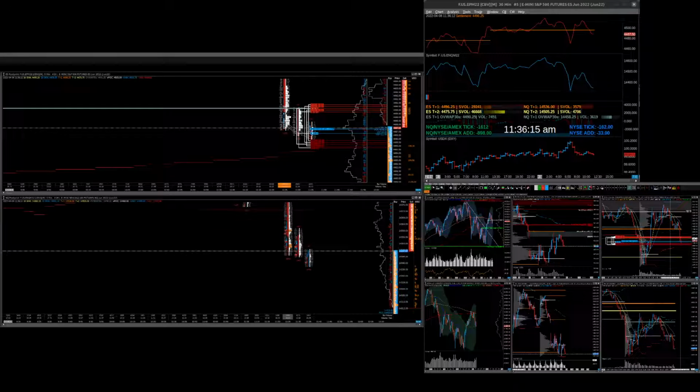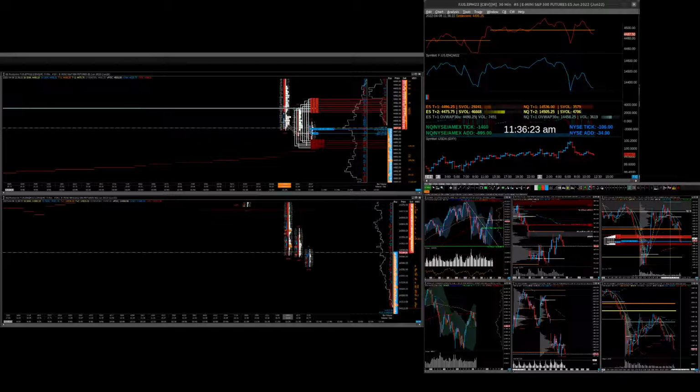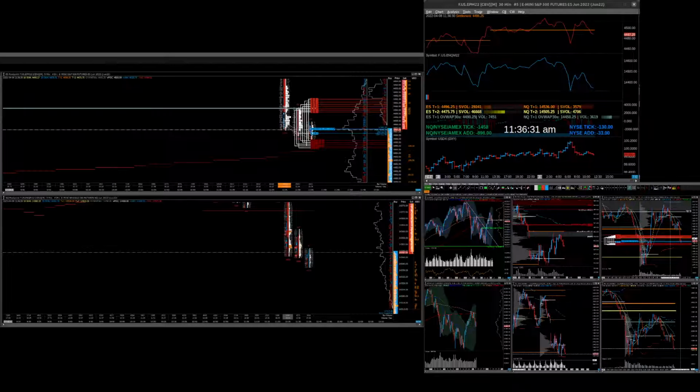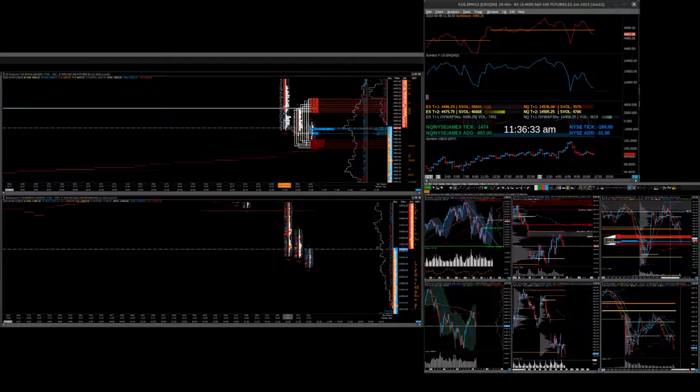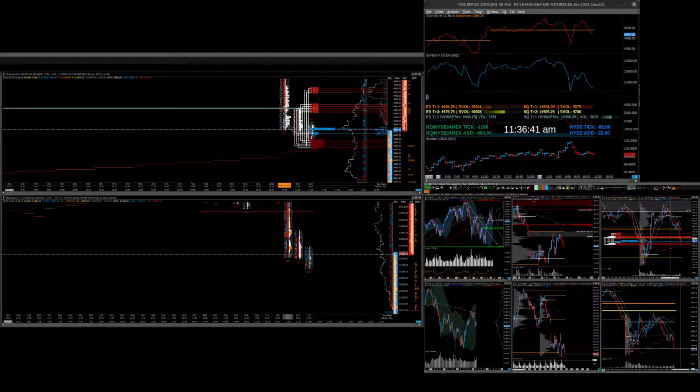Definitely some short-term interest to transact down here. And then above there, just looking at what is the area you want to scale out. About there.